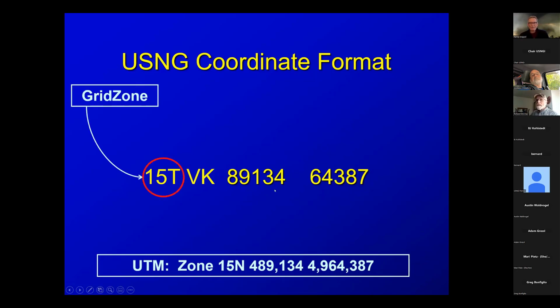So the first 3 characters are the grid zone designation. The next 2 characters is the 100,000 meter square of UTM. So it's basically eliminating the 400,000 and the 4,900,000 from UTM, which leaves us with an even number of digits in X and Y, everything from the 10,000s place down in both X and Y. So we're starting to simplify it.